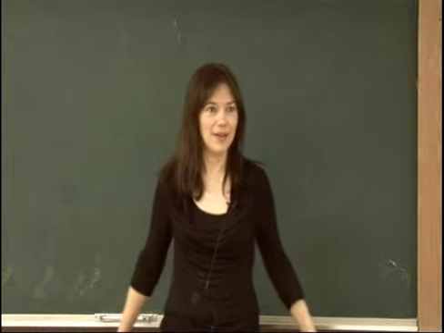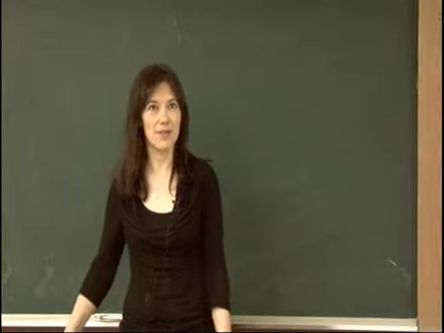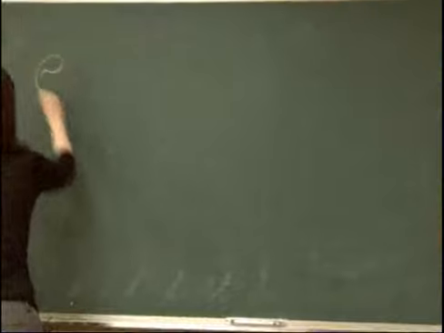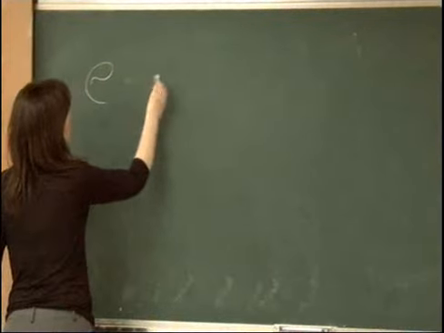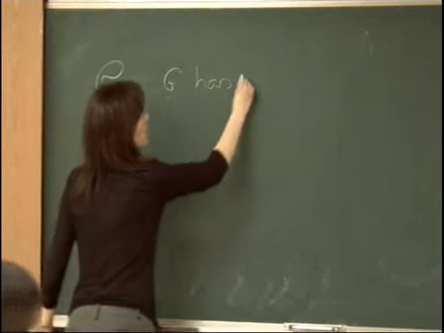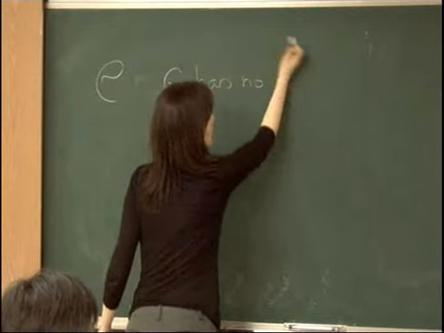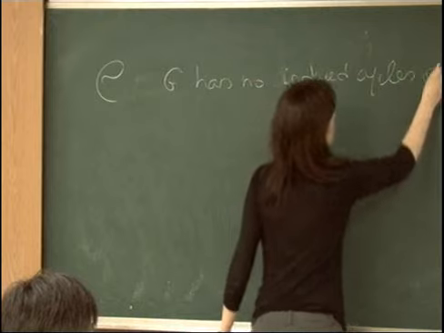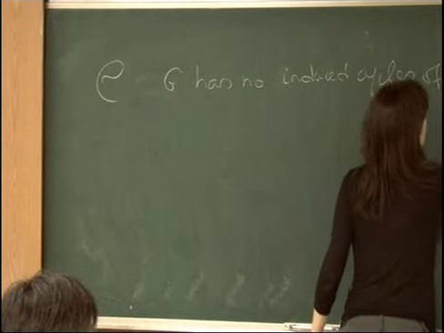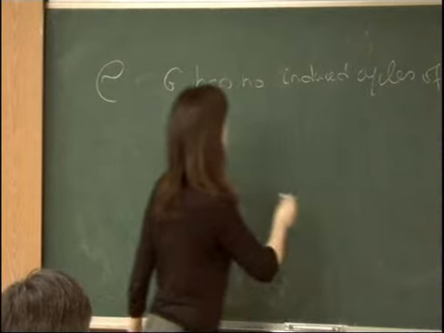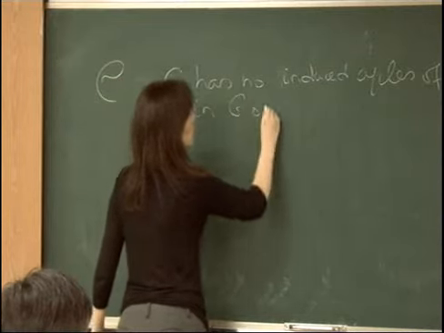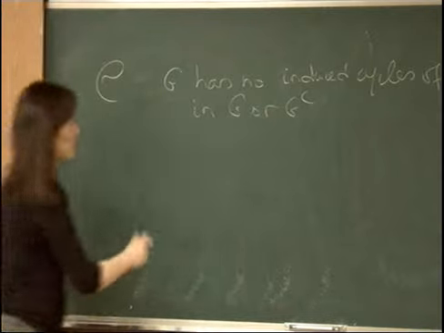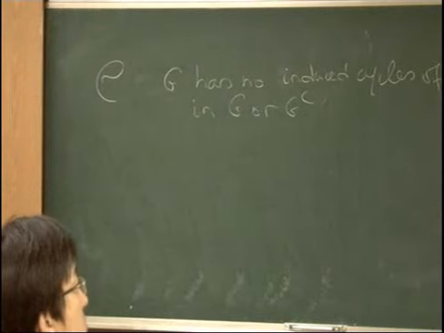For example, if C is the class of graphs that have no induced cycles of length at least 7 in the graph or in the complement, so no cycle of length 7 and up.